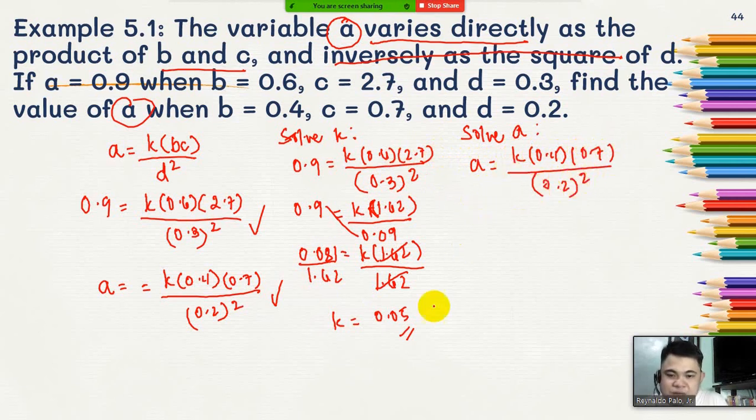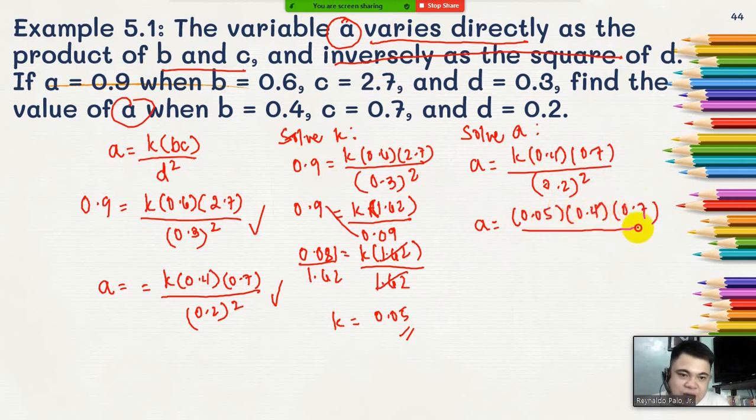Let us now substitute the value of k, which is 0.05. So 0.05 times 0.4 times 0.7 all over 0.2 times 0.2. If we multiply 0.2 times 0.2, it is 0.04.